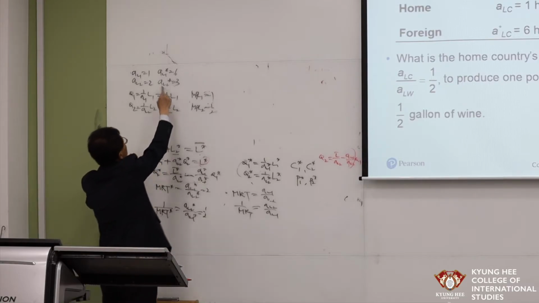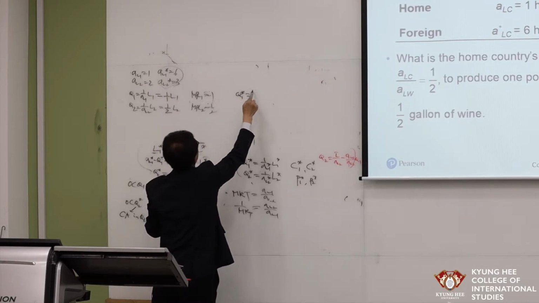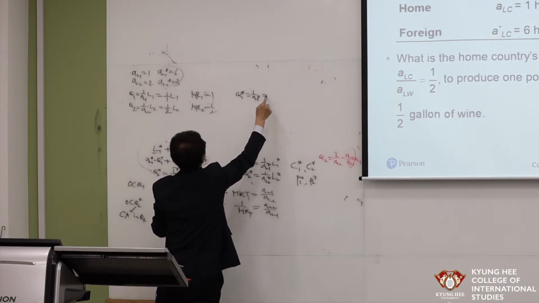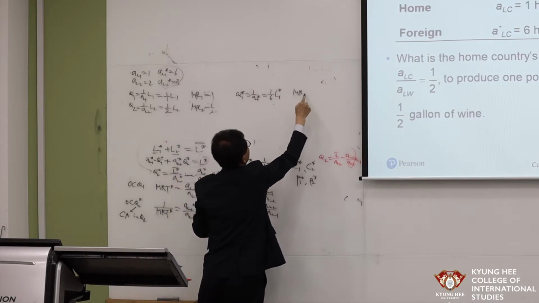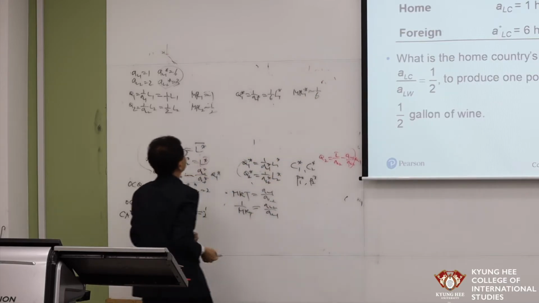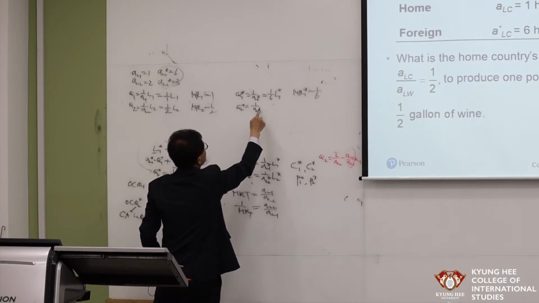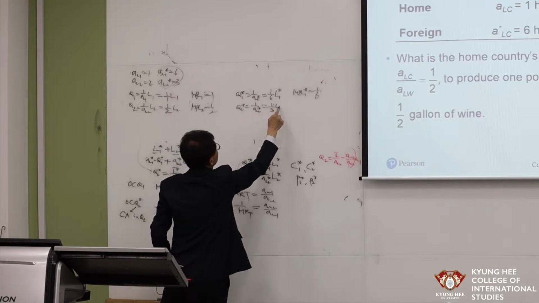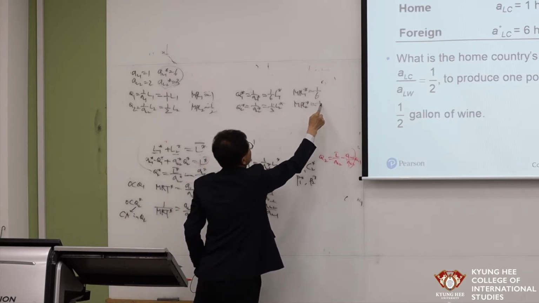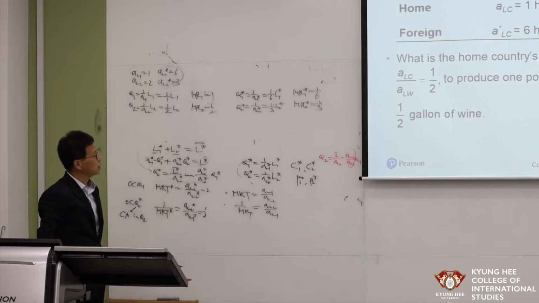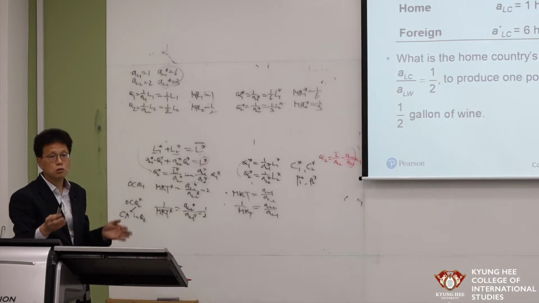For the foreign country, we can construct its production function. Q1 star is equal to 1 over AL1 star, that is one sixth of L1 star. So MPL1 star is one sixth. Similarly, the Q2 production function in foreign is 1 over AL2 star, a third of L2 star. So MPL2 star is a third. Then think about which country has absolute advantage in Q1.